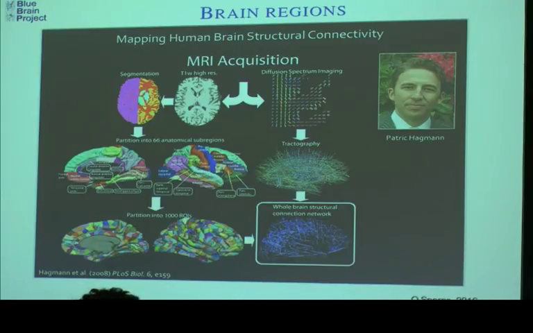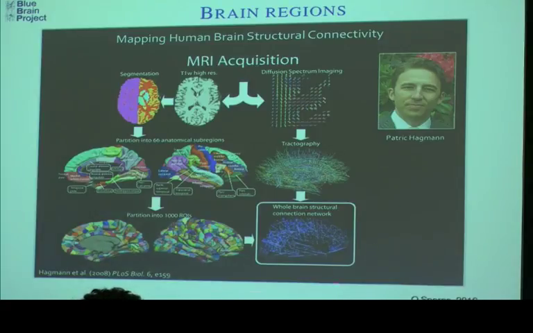Another Lausanne colleague, Patric Hagmann, is really a world expert in what they call the connectome. Patric and Olaf invented the word connectome simultaneously. There were two papers published in 2005 where they both used the word connectome, and it's like, okay, great. So I guess it's a concept.